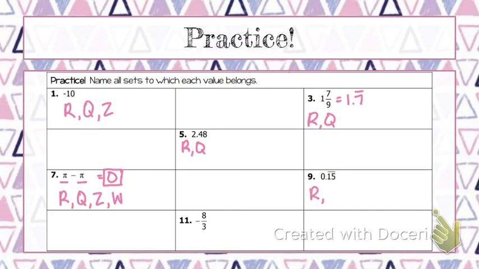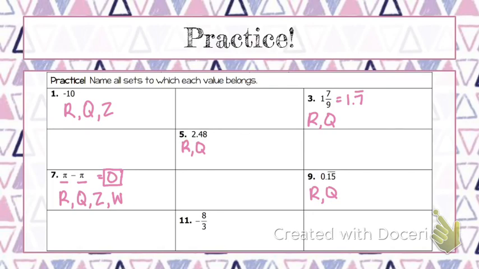And then we have to look at rational or irrational. Well, irrational numbers don't repeat and never end. This one repeats, so it must be rational. Then we have integers. And integers, remember, are your number line numbers. 0.15151515 does not show up on a traditional number line. So RQ is your final answer for number 9.